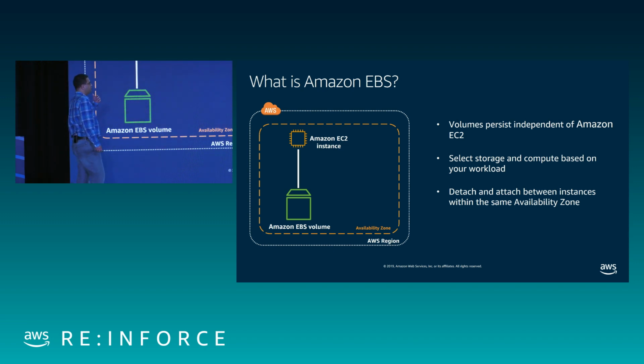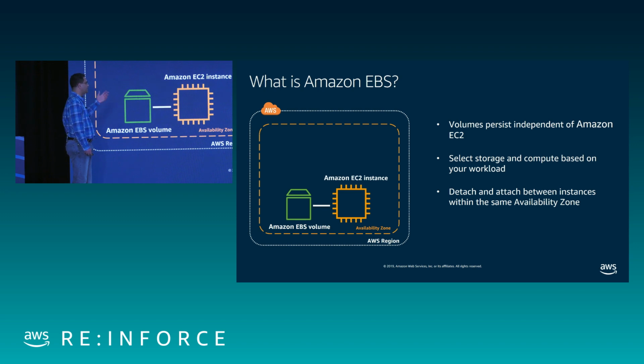Another way to look deeper into EBS is that the volume lifecycle is different from the instance lifecycle. Right? The volume is an AZ-specific, availability zone-specific concept. You can attach an EC2 instance to it. You can select your storage and compute independently. And if your workload needs change, well, you can detach your EC2 instance, attach a new EC2 instance, and you go off to the races.